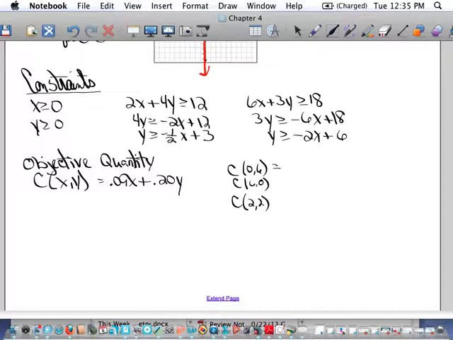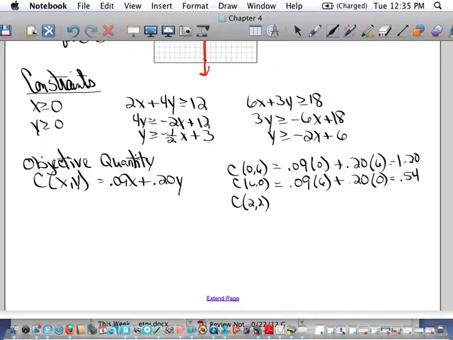Remember, we're looking for a minimum cost this time. So I have 0.09 times 0 plus 0.20 times 6, which is going to give me a cost of $1.20. For the next one, I have 0.09 times 6 plus 0.20 times 0, which is going to give me 54 cents.